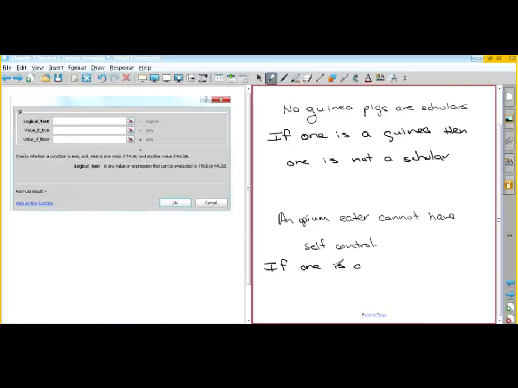So if one is an opium eater, then one does not have self-control. So you've got a couple of examples like that where you have to think about what they're saying and fit it into an if-then statement that has the same meaning.